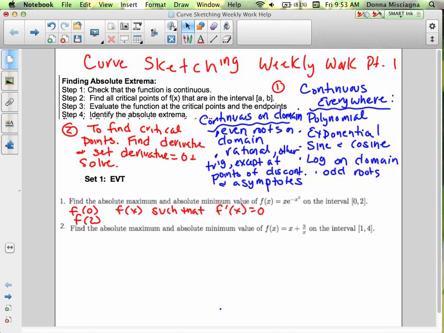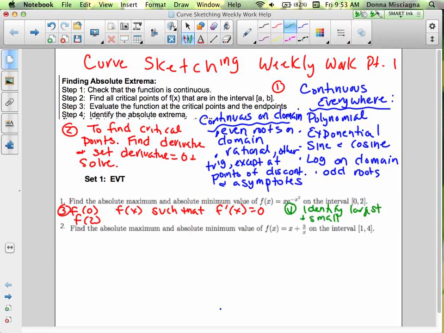Once you find those critical points, you evaluate the function there. And then identifying the absolute extrema, who's the biggest, who's the smallest? That's all there is to step 4. Identify the largest, which is your absolute max, and the smallest.